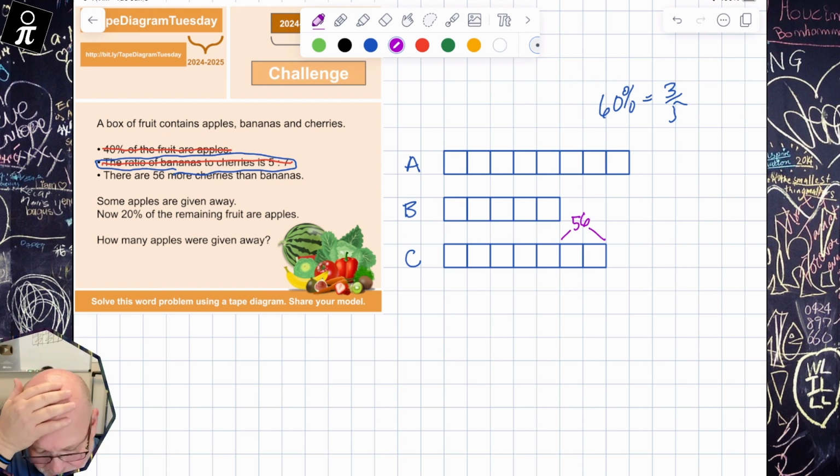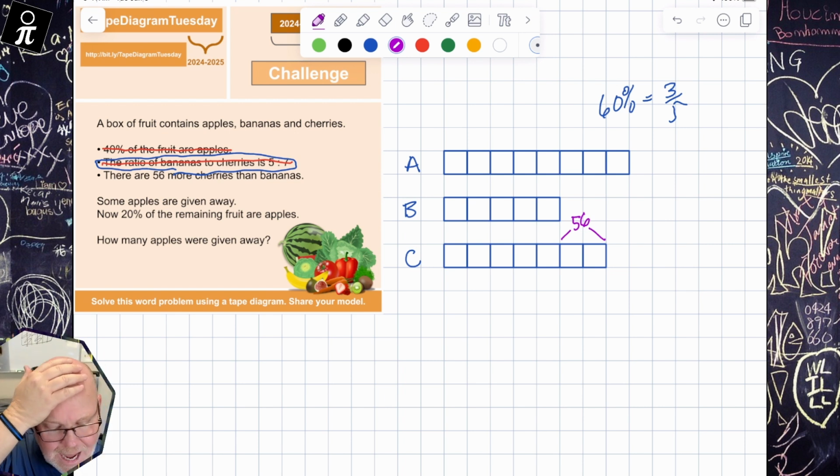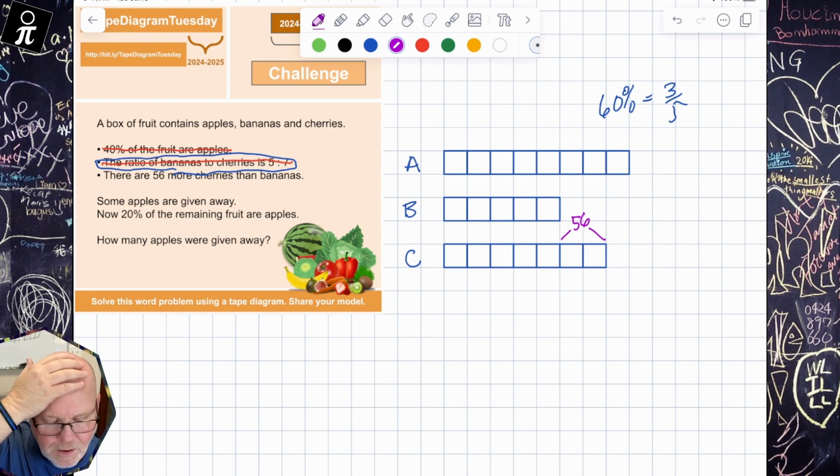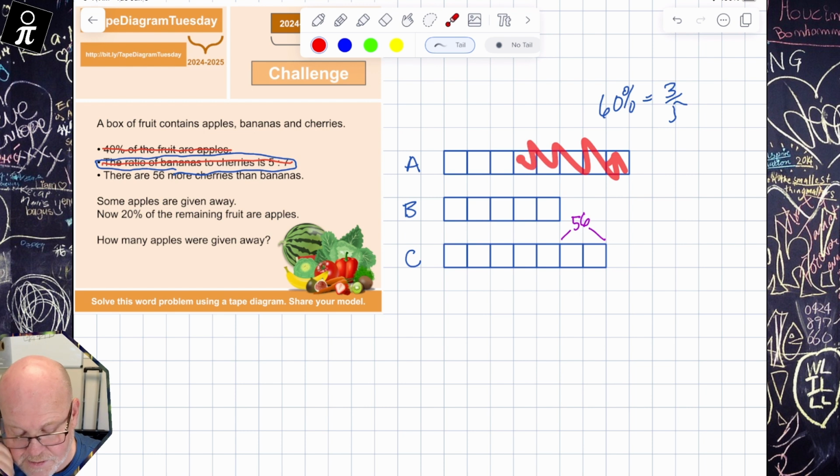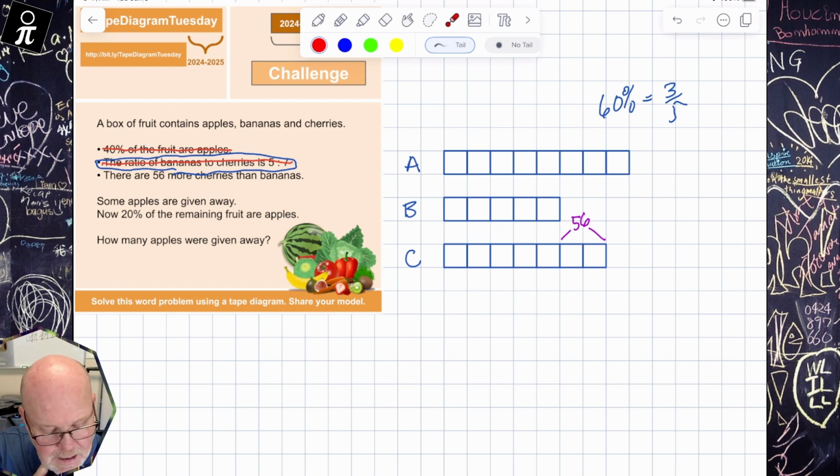All right, so now it says some apples are given away. And now I don't know how many I'm going to cross off, but I'm going to cross off some of these. And it says now 20% of the remaining fruit are apples.